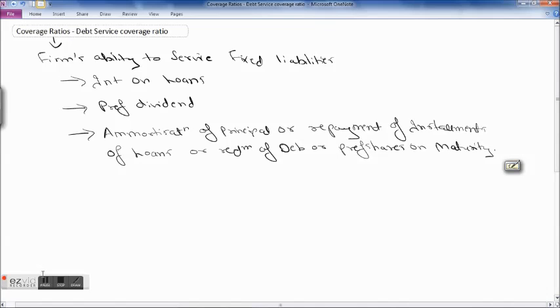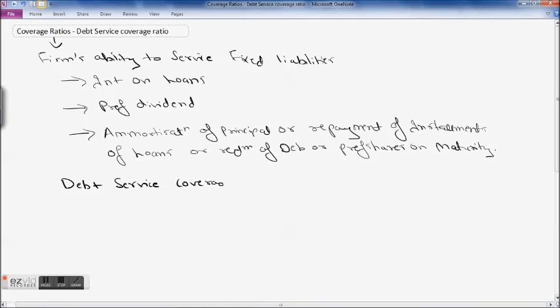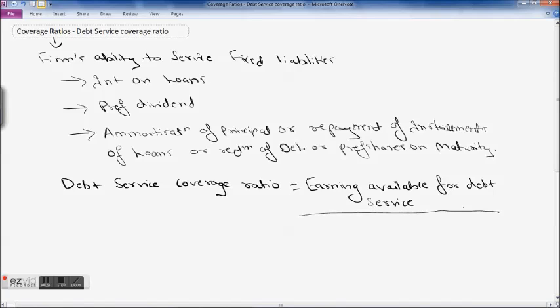Now let's see the debt service coverage ratio. Debt service coverage ratio is earnings available for debt service divided by interest plus installments.